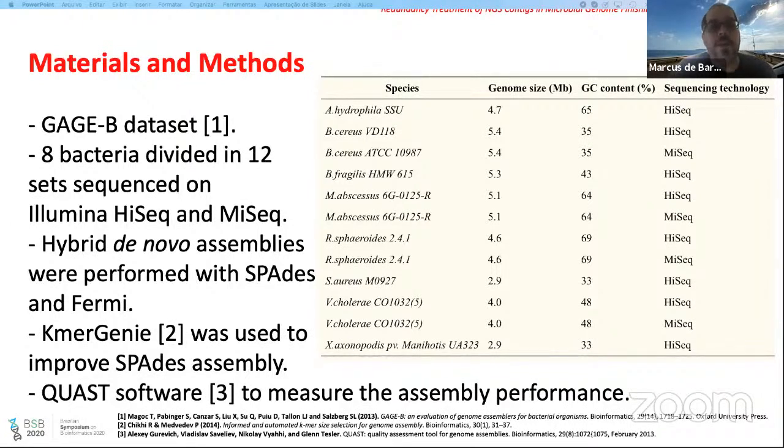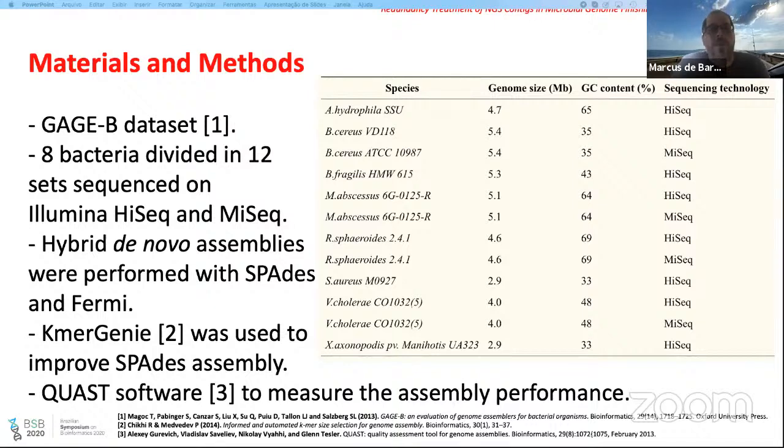Here we can see a brief overview of the methodology. In today's experiment, we used the dataset called GAGE-B. It is very commonly used in assembler competitions and to evaluate assembler performances.